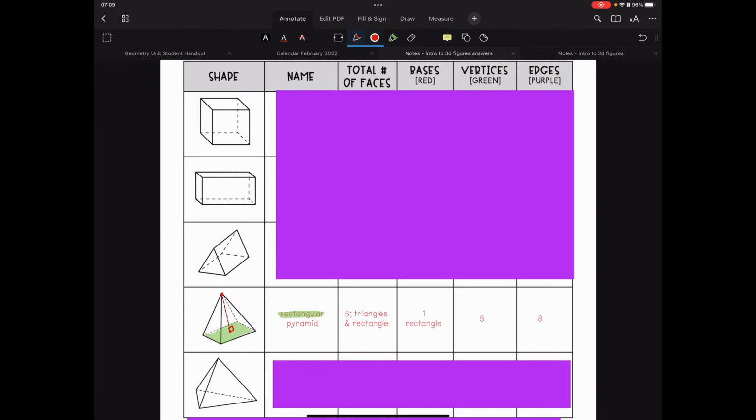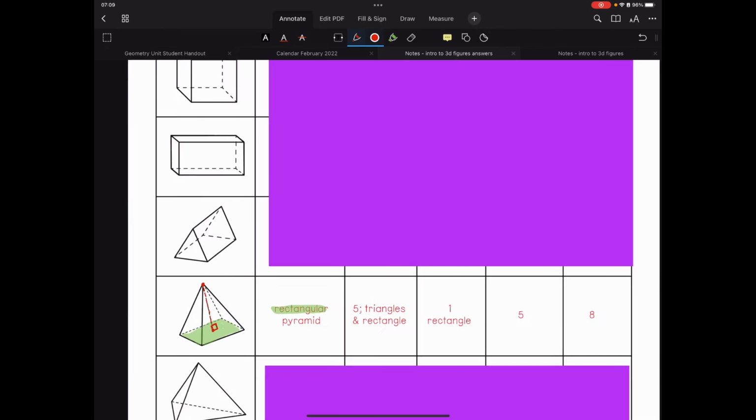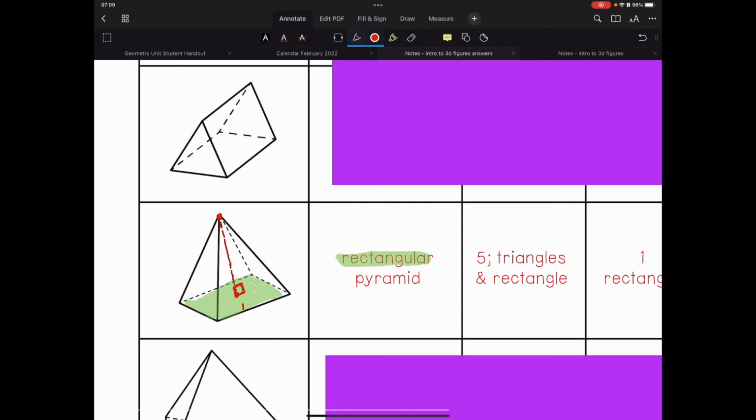Now, how many total faces are there? I like to actually go in and number them. There's the base. There's the front. There's a right side.